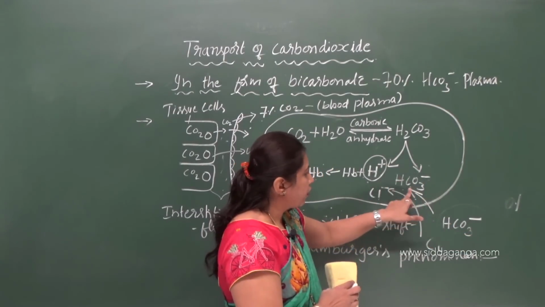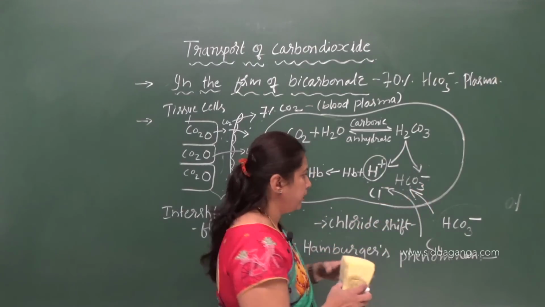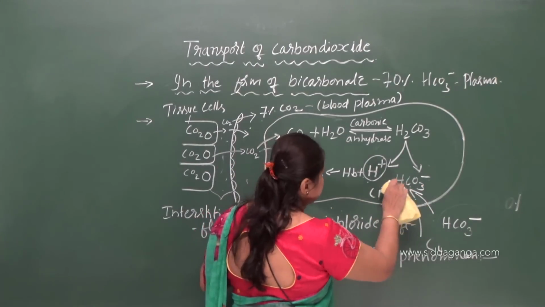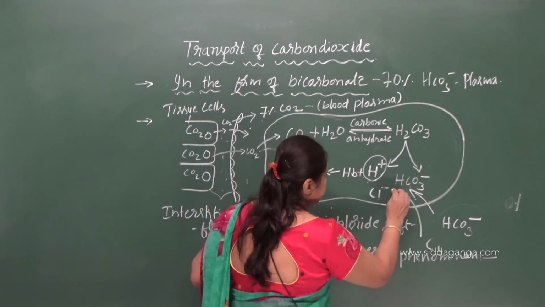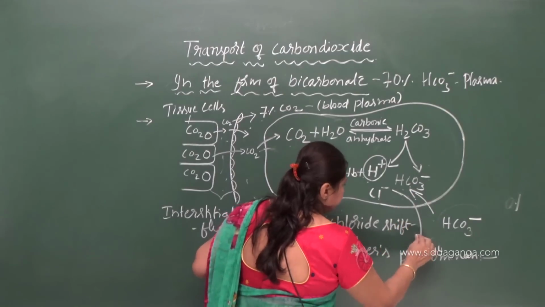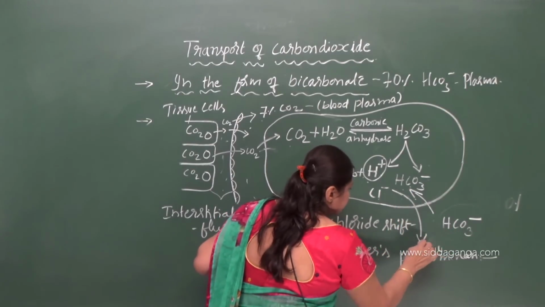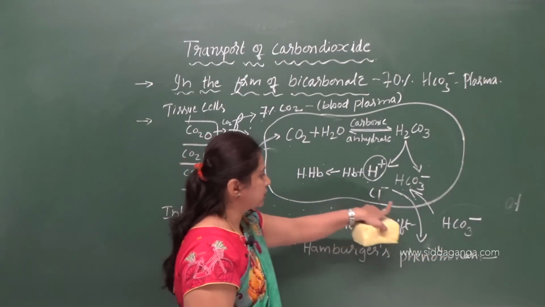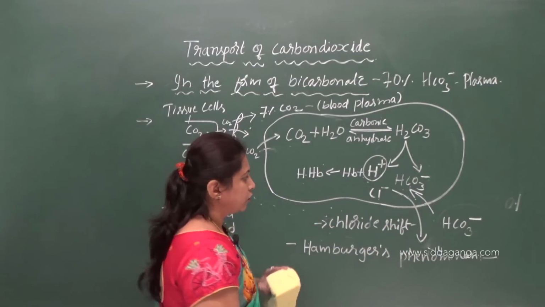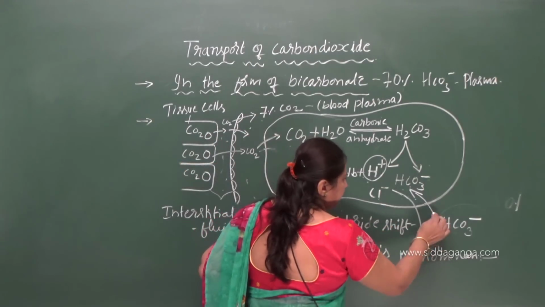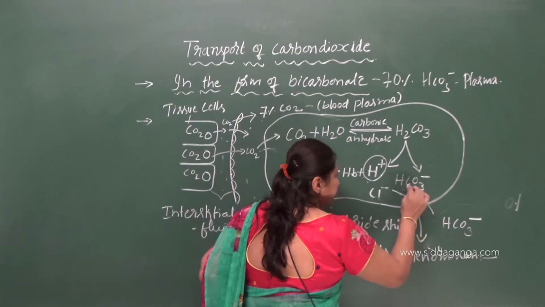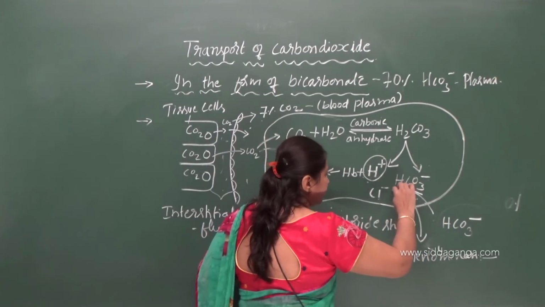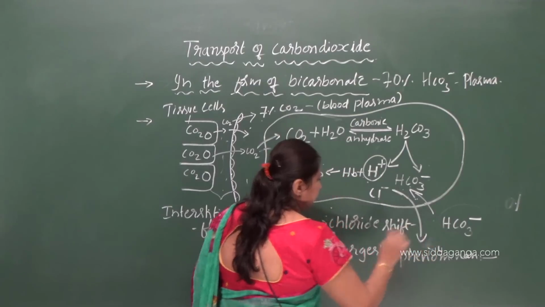So once the bicarbonate ions re-enter into the RBCs, what about the chloride ions? The chloride ions present in the RBCs will diffuse out into the plasma. So at the alveolar site, the bicarbonate ions enter into the RBC and chloride ions diffuse into the blood plasma.